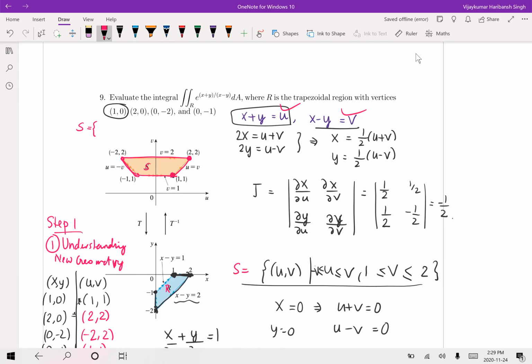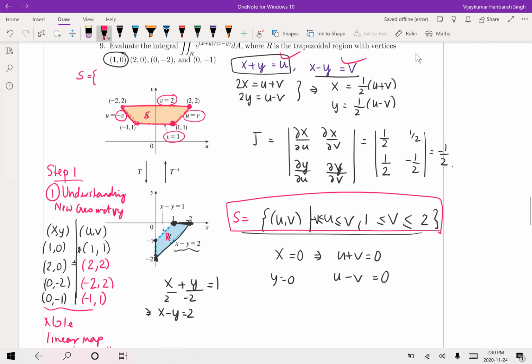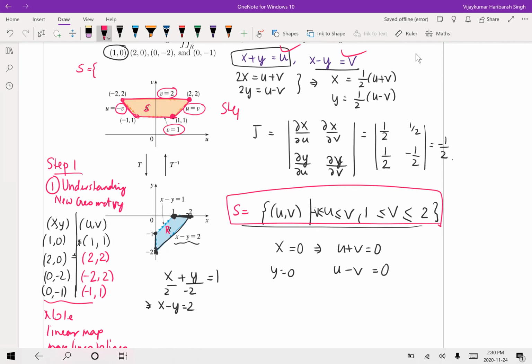S can be written in uv, where v is between 1 and 2, and u is between minus v to v. Okay, so this is how you write down your S. So step one. Step two is about computing the Jacobian. So we compute the Jacobian.